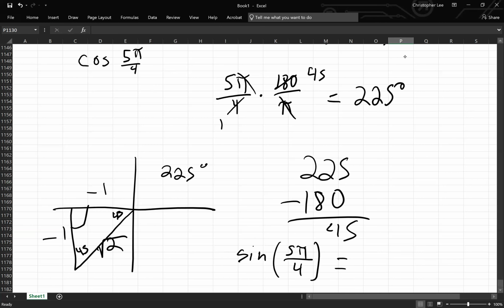I have my triangle already, so I just go straight to opposite over hypotenuse, right?